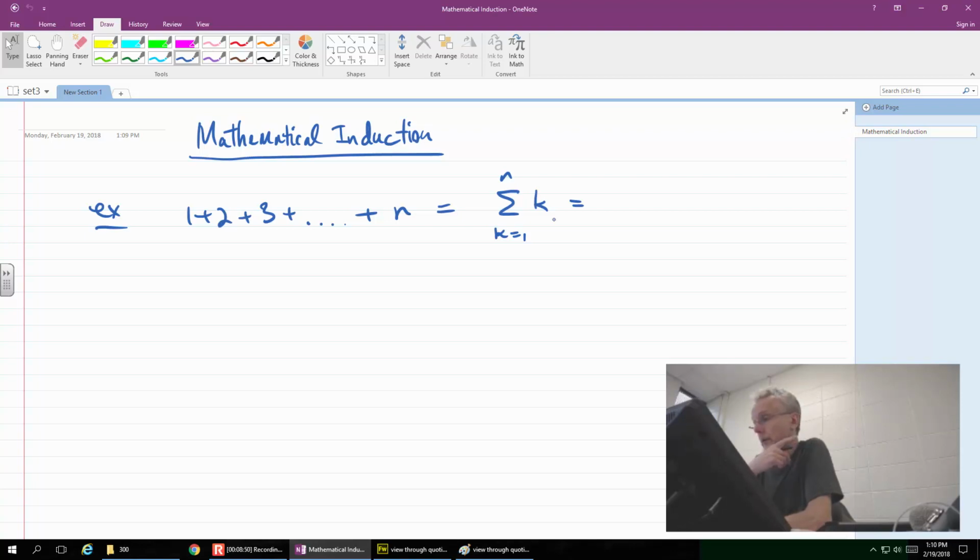Do you remember the answer to this one from calculus 3, or maybe some of you are still taking it. Okay, well, the answer is n(n+1)/2.